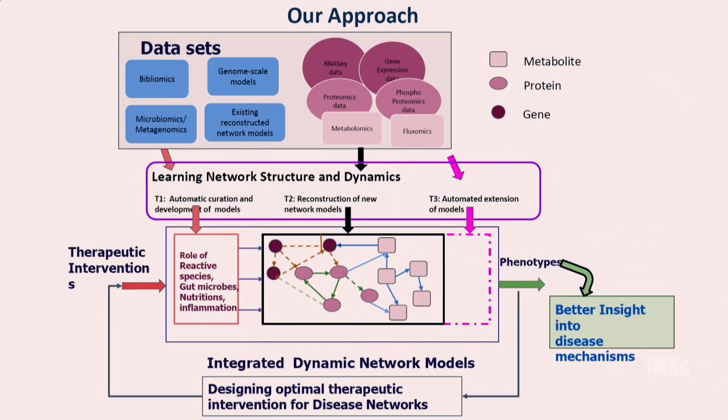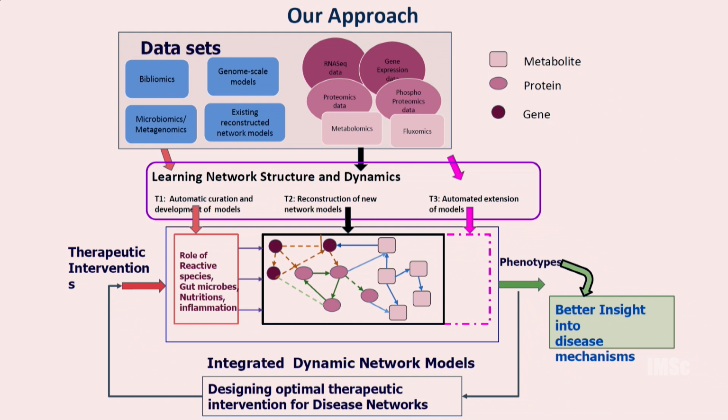So our philosophy is, can we exploit the different data available to us and reconstruct network models? We also try to see if we can automatically extend the models. This is what I talked about last time, using some natural language processing models.